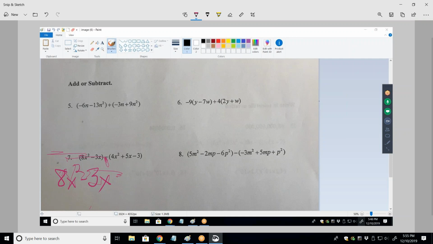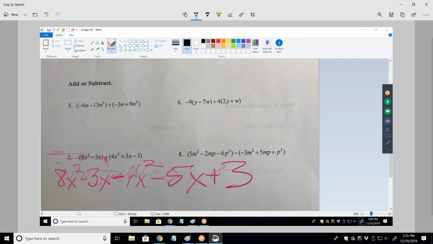So negative 4x squared. Keep going. Minus 5x. Keep going. Plus 3. Good, very good. Now combine all like terms. How many x squareds do we have? 2.